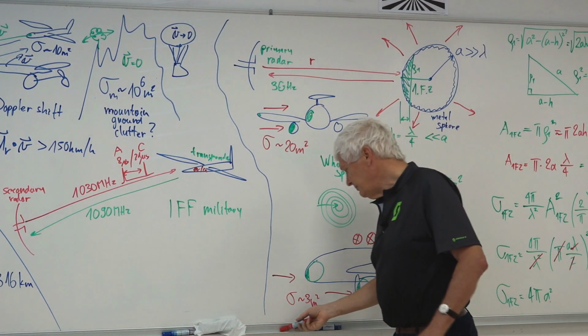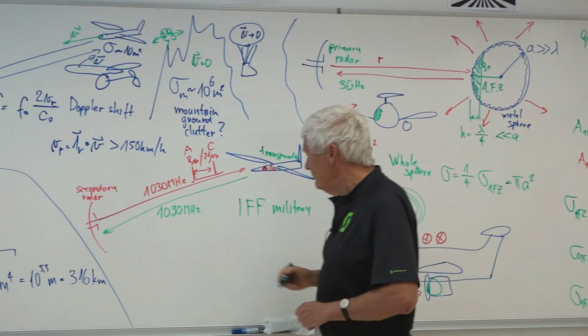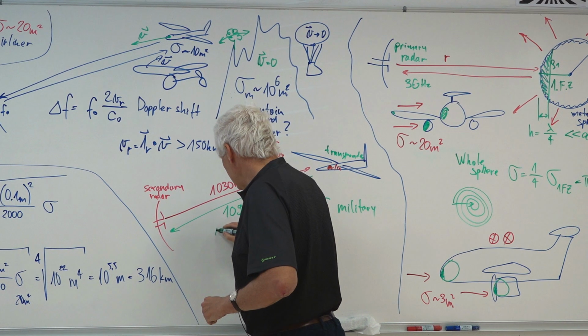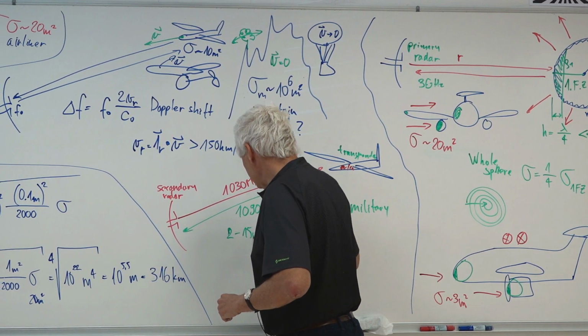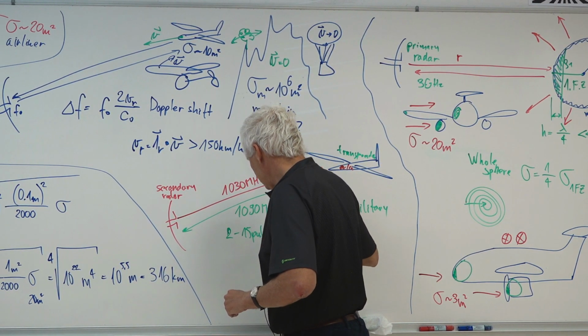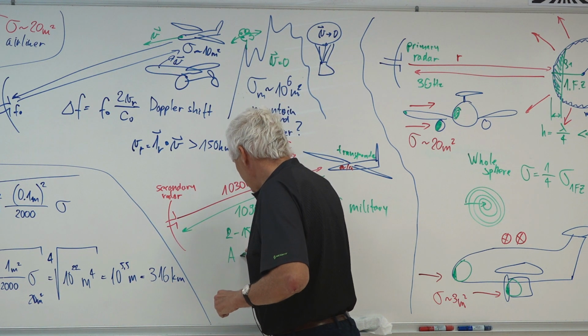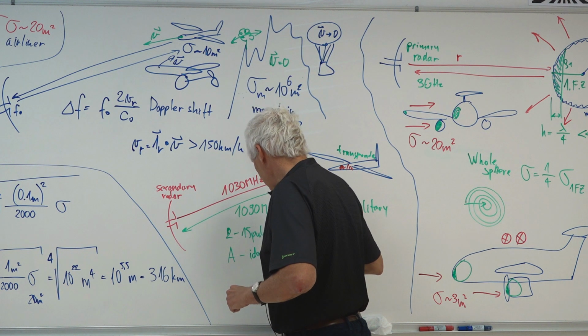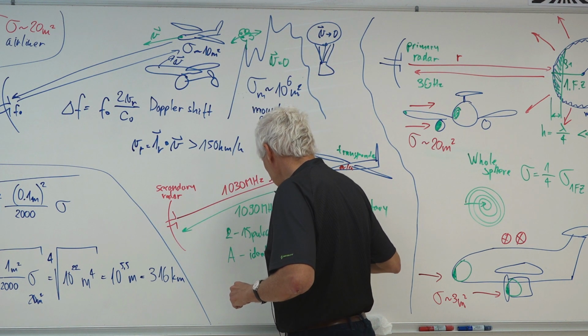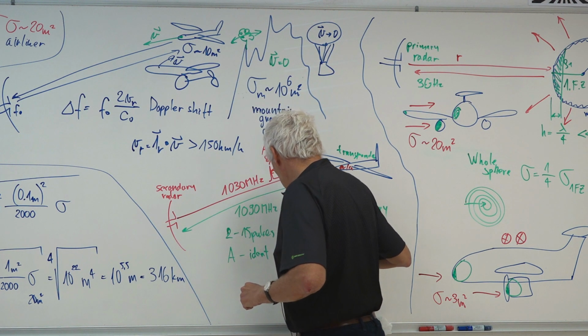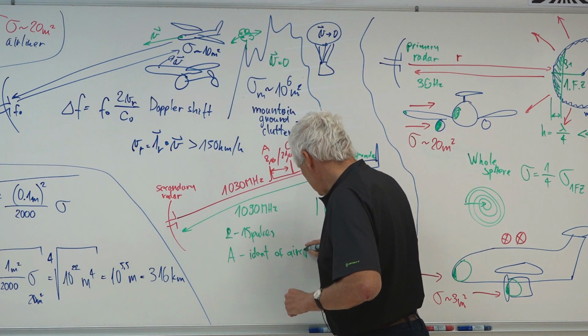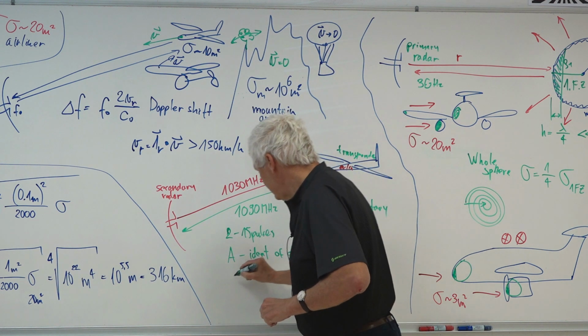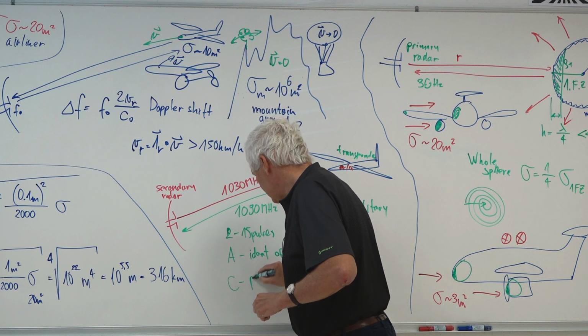And the reply we get, in mode A, is between 2 and 15 pulses. It may contain the ident of the aircraft. And mode C is pressure altitude.